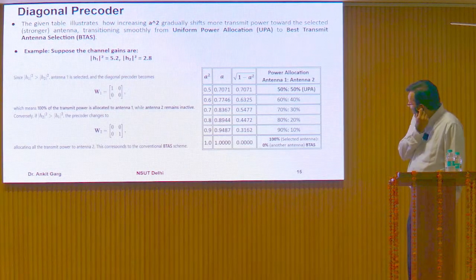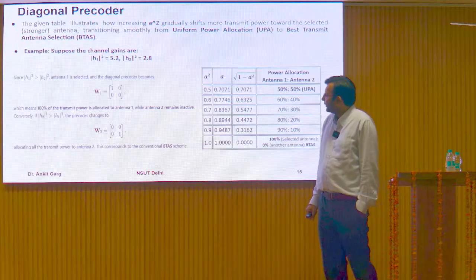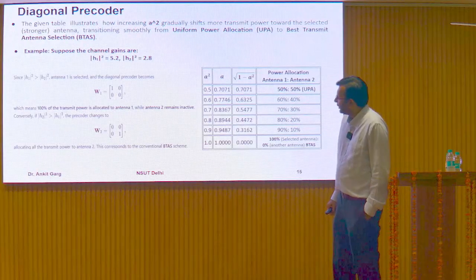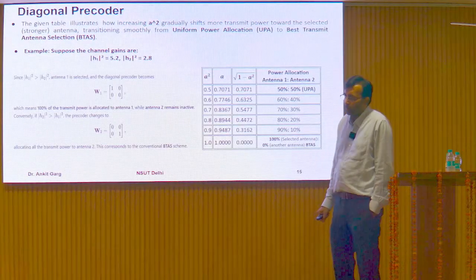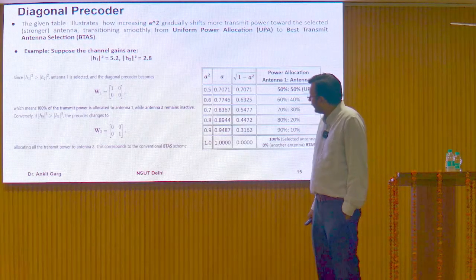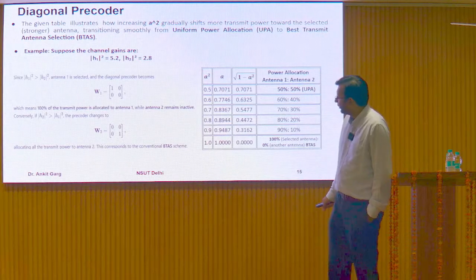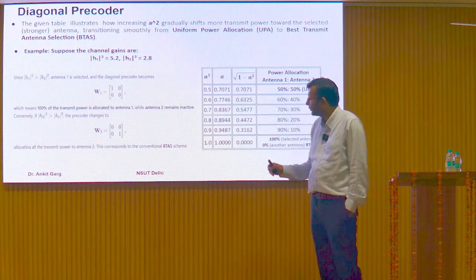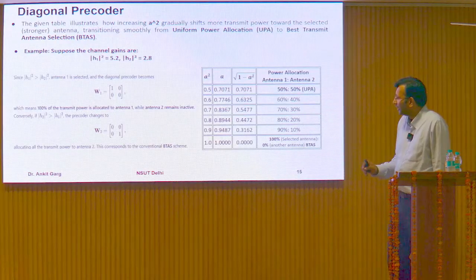So here is an example to elaborate it. We have 2 channel gains. One is 5.2, another is 2.8. So we would choose W1, right, to allocate the power to the H1. So if we choose A square as 1, our W1 would be [1 0], and 100% of the transmit power is going to be allocated to antenna 1, right?